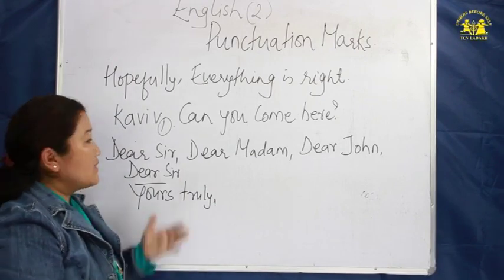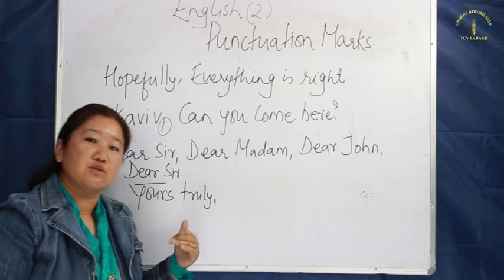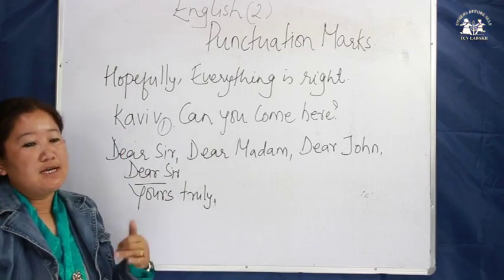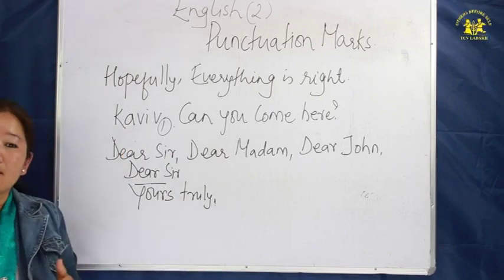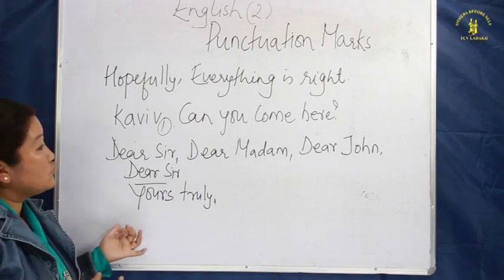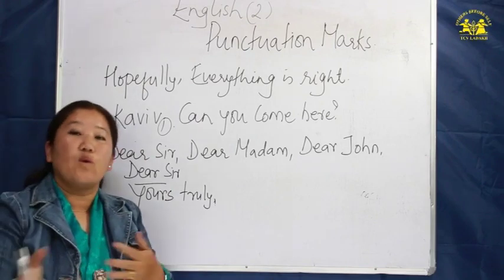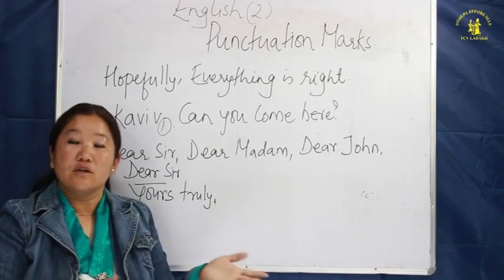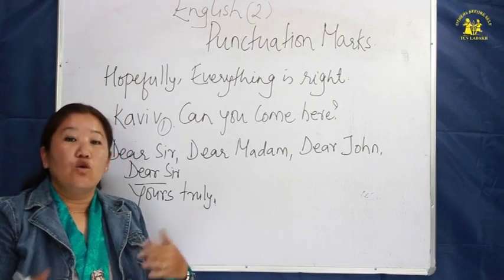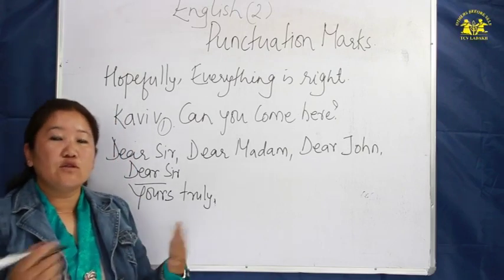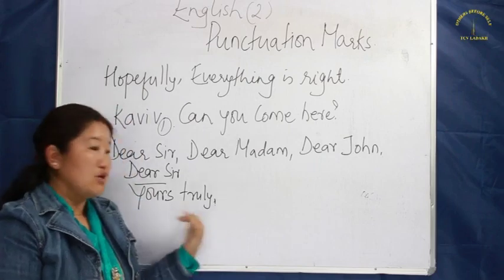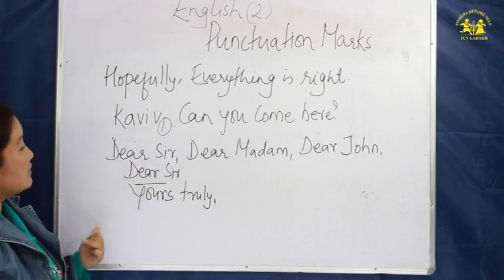So that is the difference between British English and American English. And the comma is also used with linking words like however, moreover, so, although, even though. That is all about the comma.